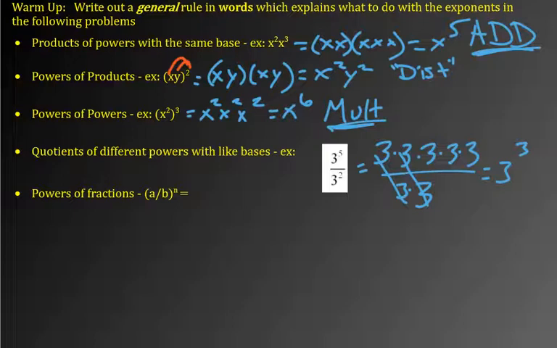Which is 27. But if you think about the powers here, we got a 5 and a 2 and getting us to 3. The only way that that's going to work is if you subtract, right? So similarly to the first one, when you multiply, you add, and when you divide, you subtract. So I want you to kind of see the pattern there. It's kind of like opposites, right? Multiply, add, divide, subtract.